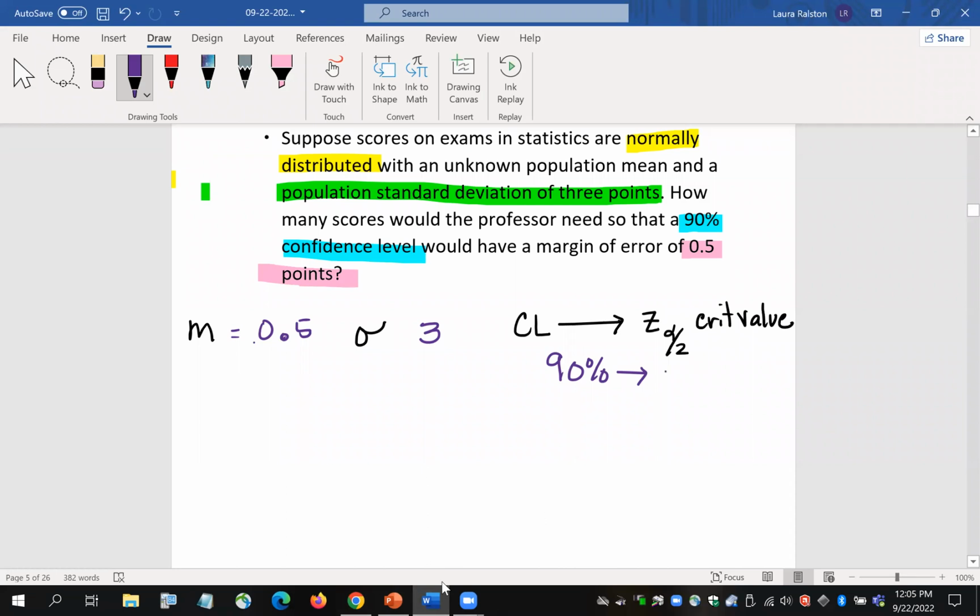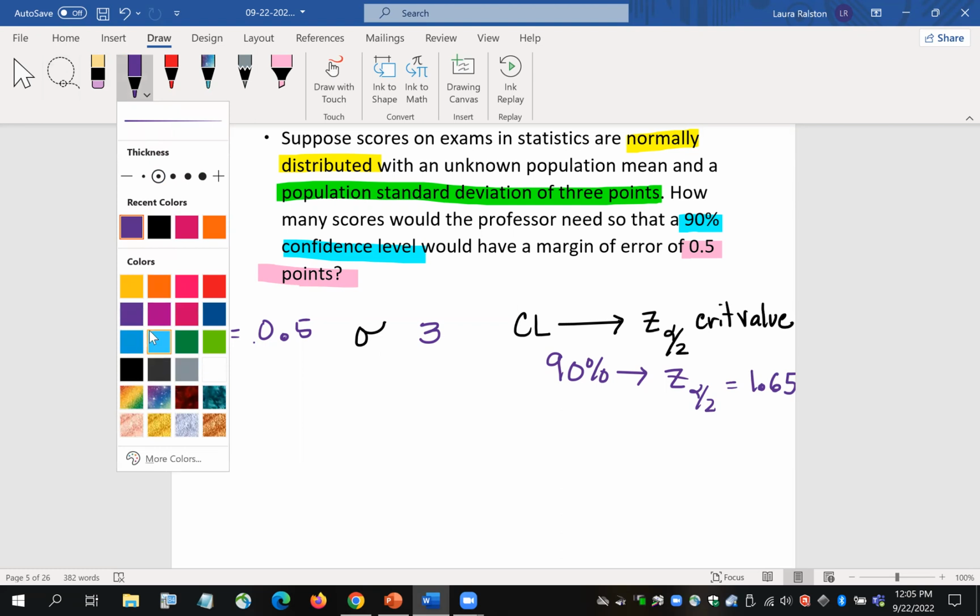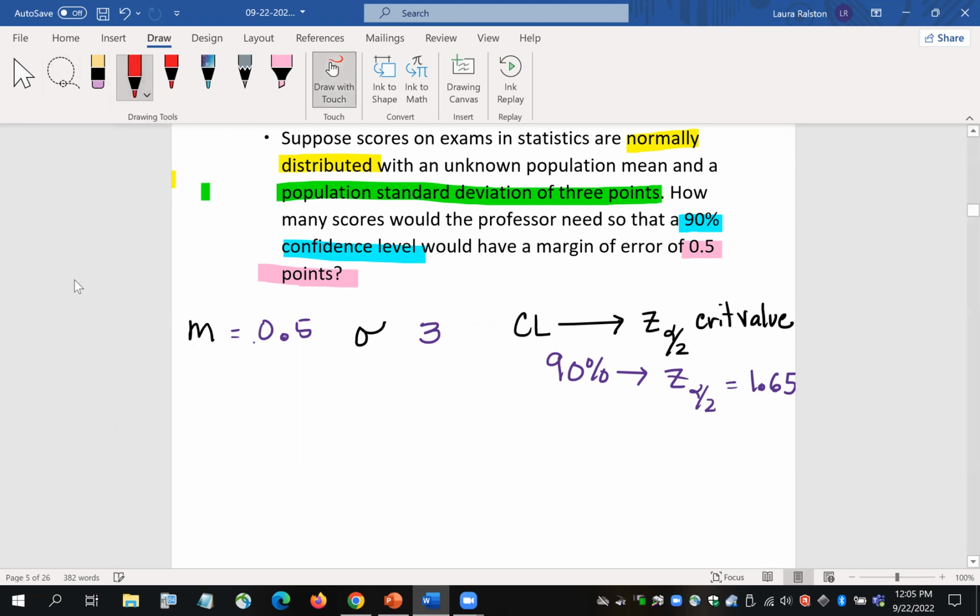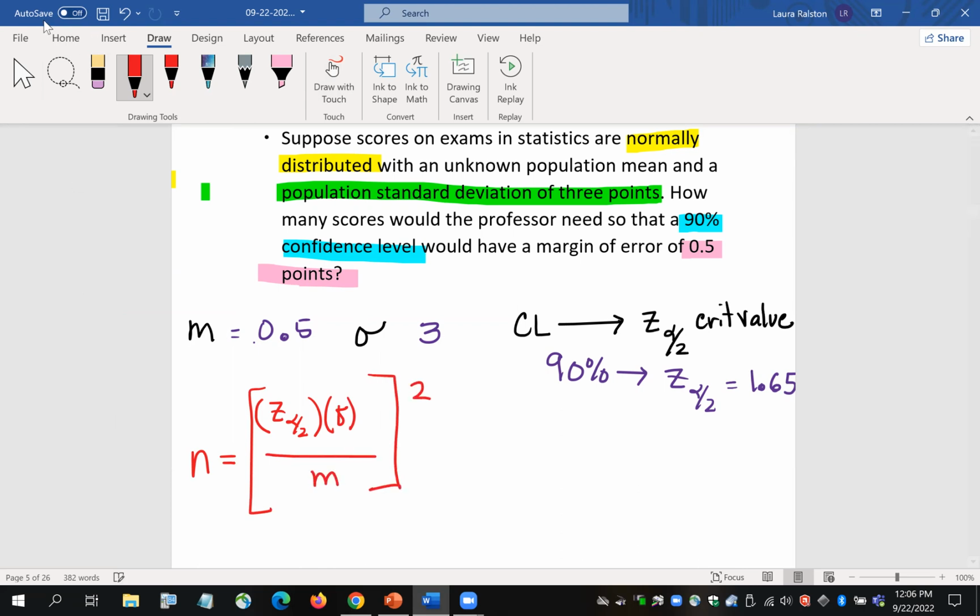So my Z is 1.65. I'm going to substitute into the formula. The formula is this: my sample size equals the critical value times the standard deviation divided by the margin of error, and that entire value is squared.